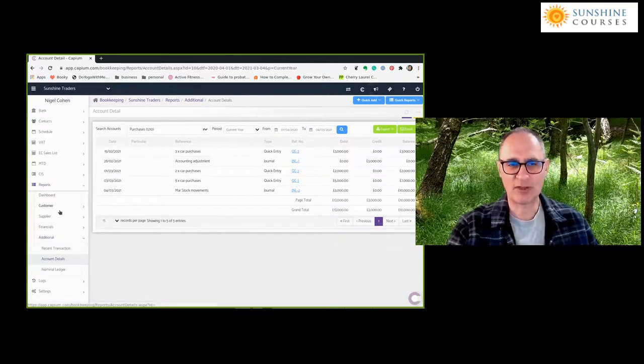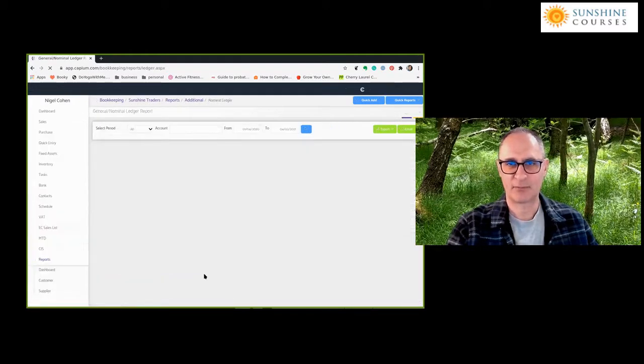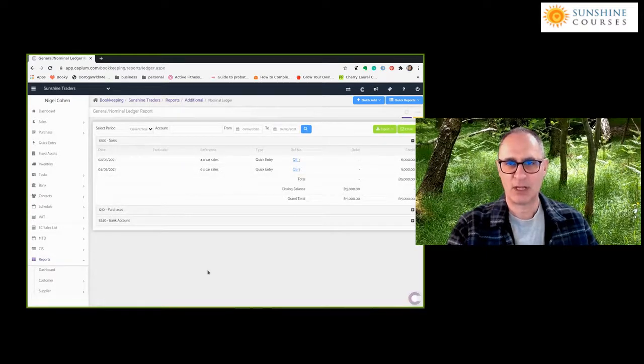And I want to show one other thing, which is the nominal ledger. So in KPM, there's a section for reports. Then in additional, there's the nominal ledger. The nominal ledger lists our sales and purchases and our bank accounts. As it happens, if we printed this out, it would also show the stock account, even though the stock account shows nothing.